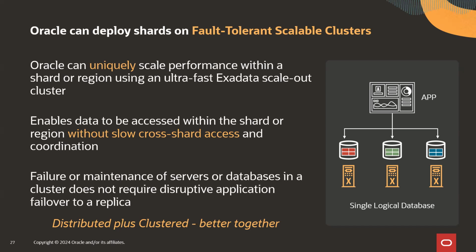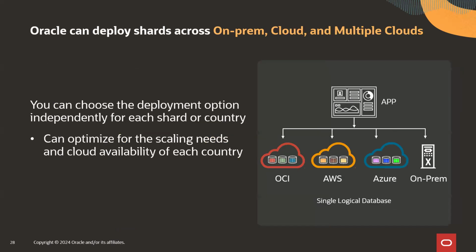So you can do everything in between, of course, and you can also leverage clouds to provision your shard candidates. And that doesn't have to be only the Oracle Cloud. You can have a sharded database that has some shards hosted on the Oracle Cloud as well as on foreign clouds. And you can have a mix also of shards that are on premises and shards that are hosted in the cloud. So it's really very flexible. There are few constraints on where your shards should be.